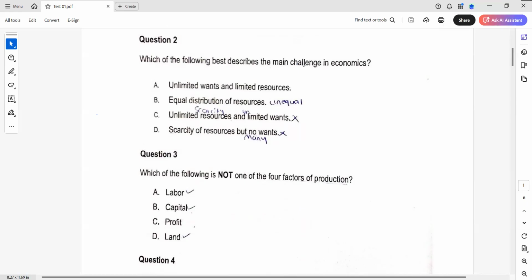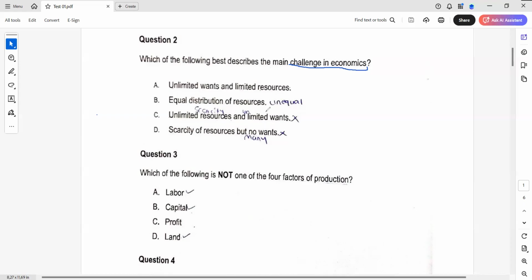So the central economic problem that we are basically studying is the issue of scarcity, right? The fact that we have so many needs and wants which are unlimited, but we have limited resources or scarce resources to actually satisfy those needs and wants, right?